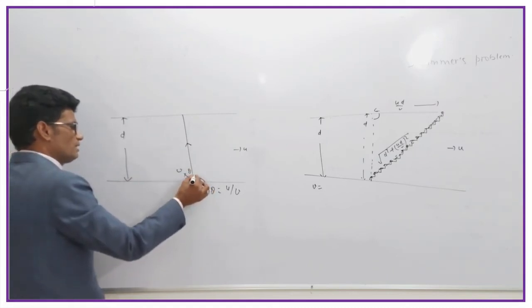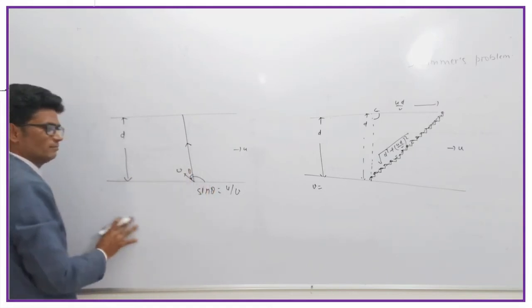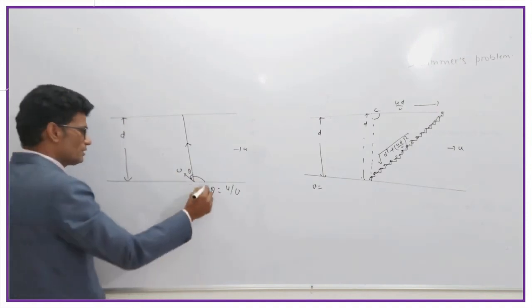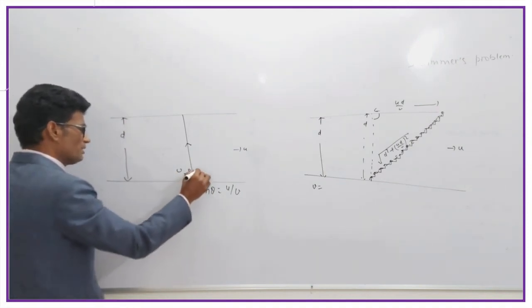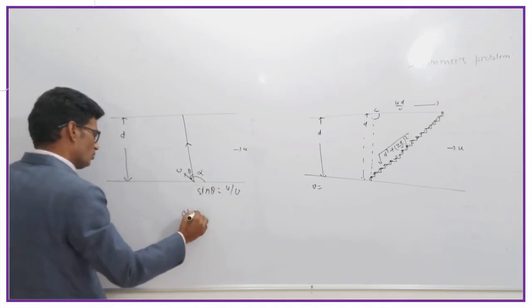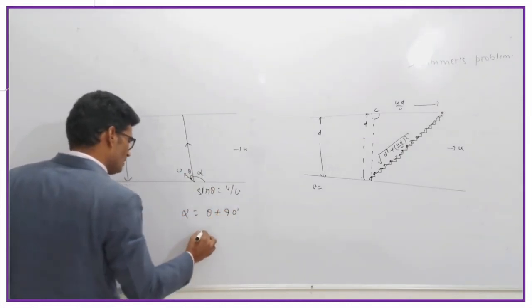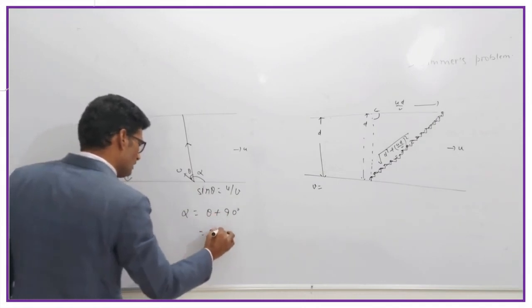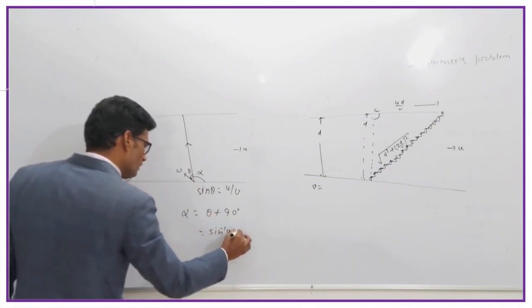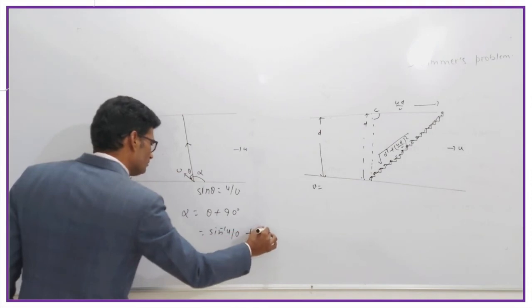So we have to find this angle. Say this is alpha, then alpha comes out to be theta plus 90 degree. What is theta? Sine inverse u over v, plus 90 degree.